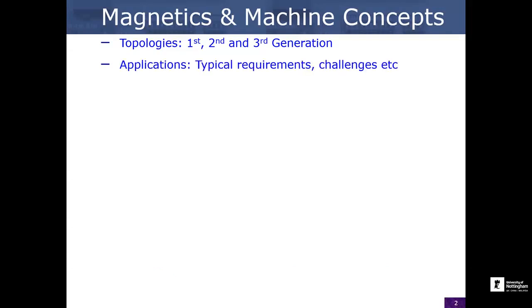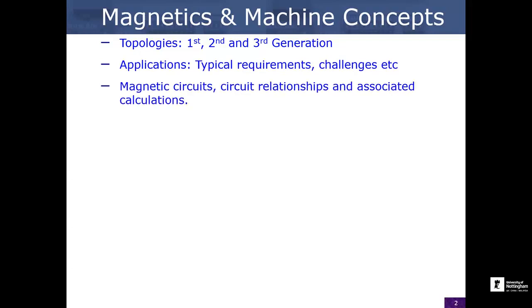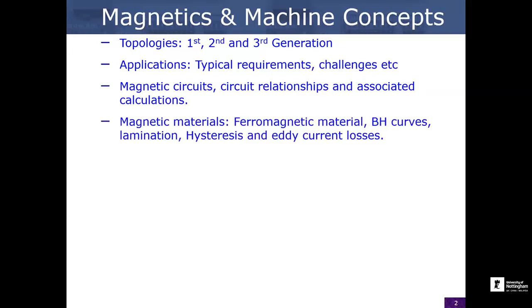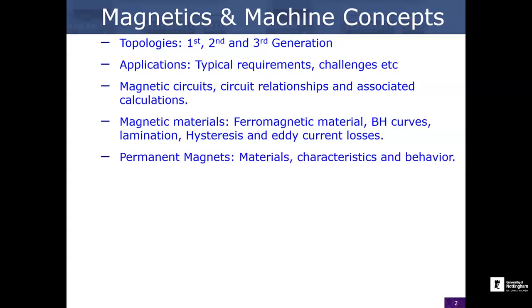We talked about some typical applications, challenges, requirements, the kind of things that we actually need to know to use machines. We talked about magnetic circuits, relationships in these, and how we can do calculations to solve magnetic circuits in the same way as electrical circuits. We discussed magnetic materials. We talked about ferromagnetics, BH curves, lamination, hysteresis, permanent magnets and how those behave.